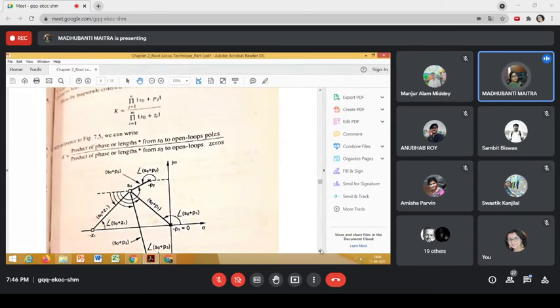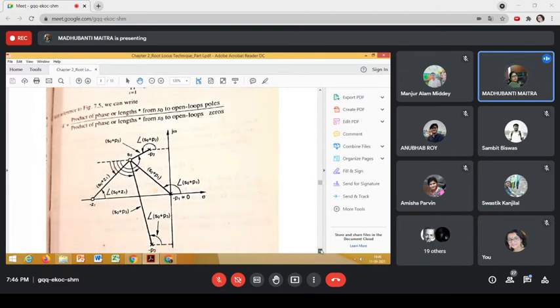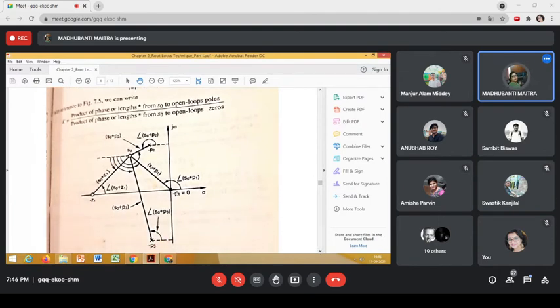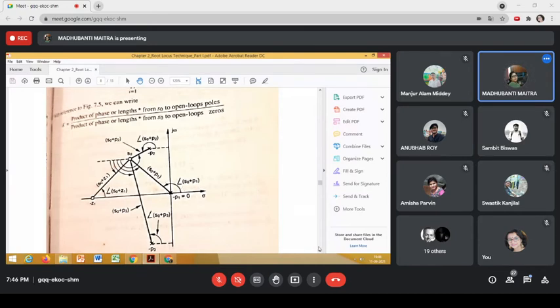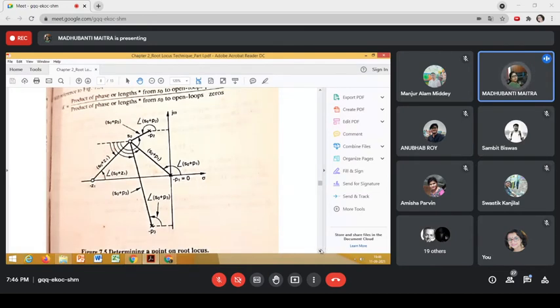Let us consider a system having all these open loop poles and zeros. So we see there is one open loop pole at origin. This is the S plane. Don't forget to label this axis. We denote this pole as minus P1. It's just a convention.